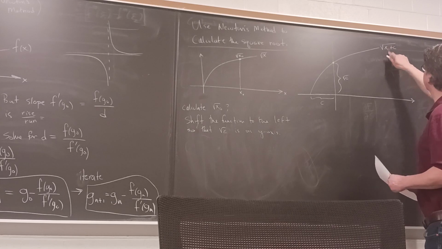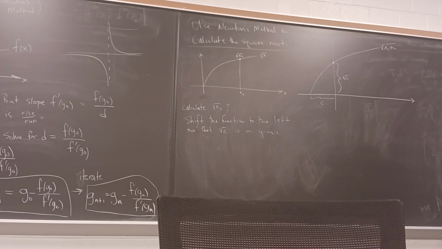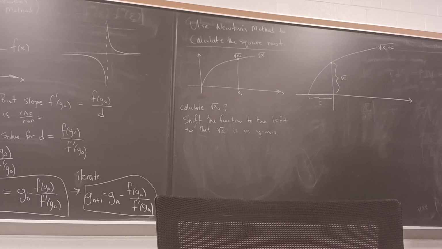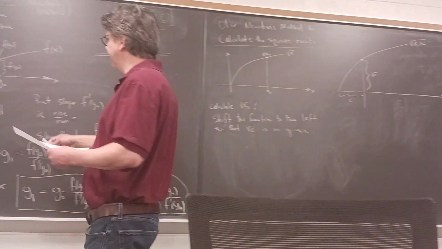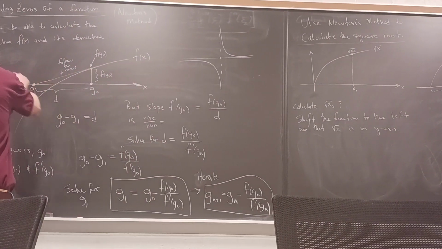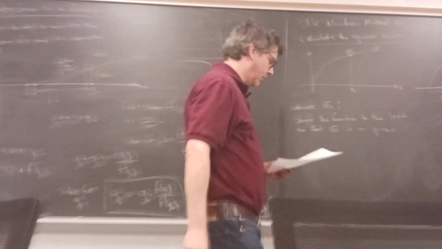Just x plus c. The only thing we have to do differently now is we're not going to be calculating on the x-axis, we're going to be calculating on the y-axis.